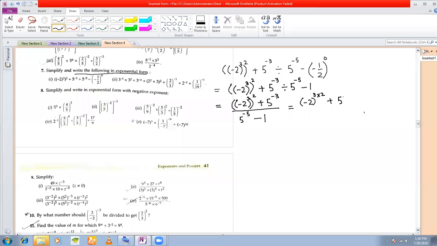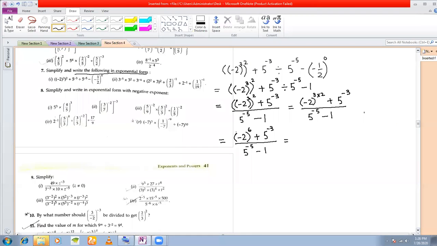Plus 5 to the power of minus 3 divided by 5 to the power of minus 5 minus 1. Now this becomes minus 2 to the power of 6 plus 5 to the power of minus 3 divided by 5 to the power of minus 5 minus 1.